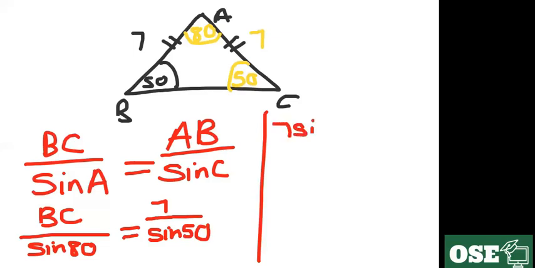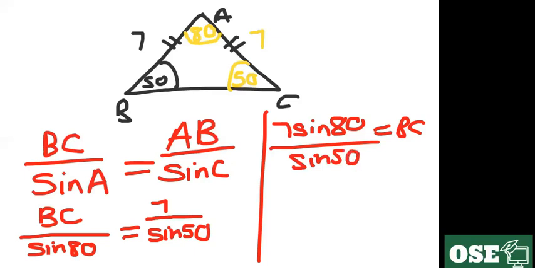So BC, sine 50. Have you gotten the answer?